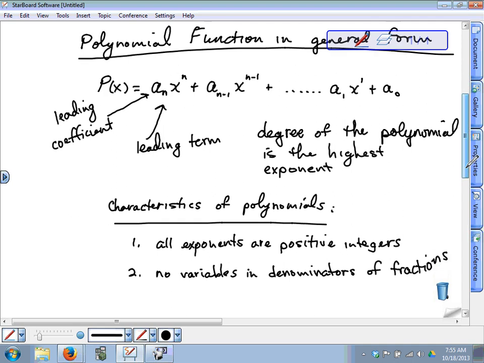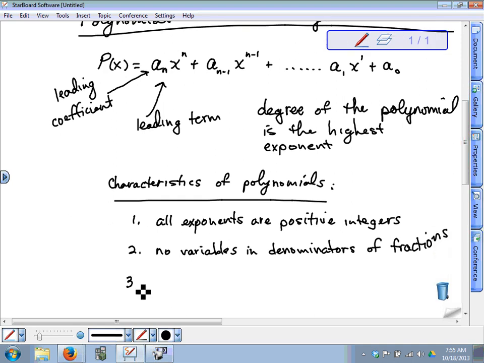Third thing refers to its graph. Graphs are what are called smooth. Smooth and continuous. Their graphs must be smooth and continuous.